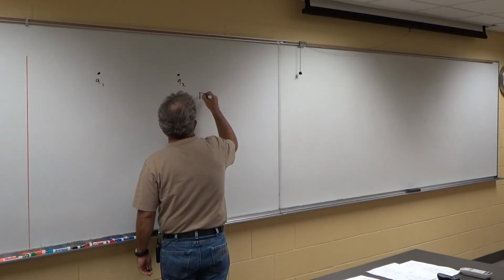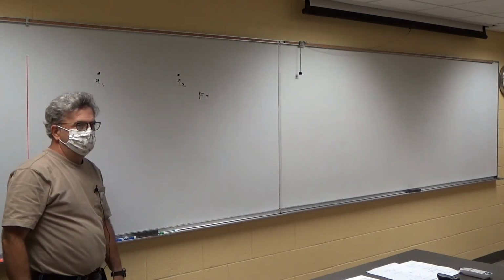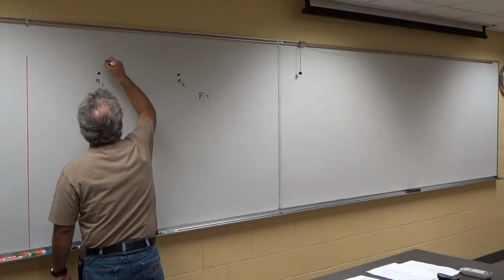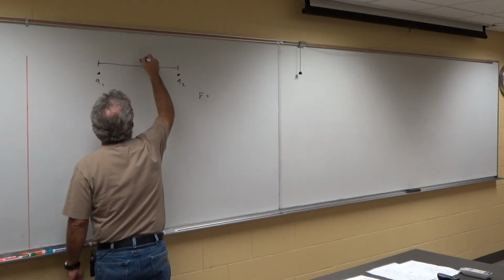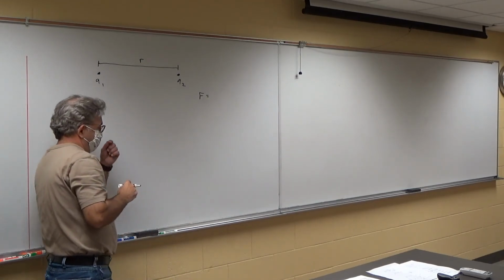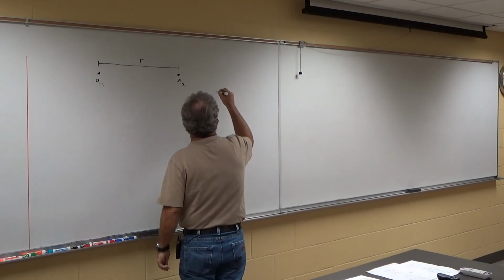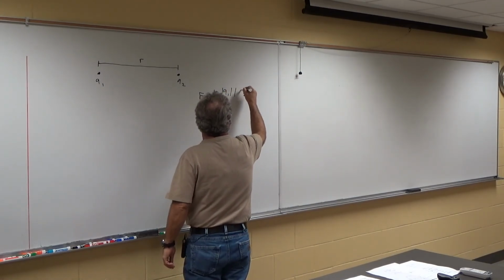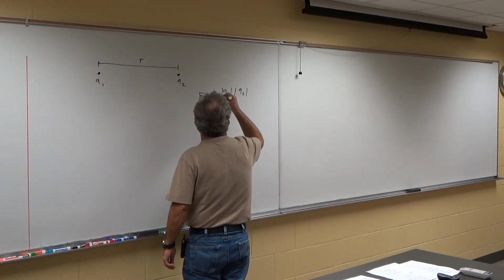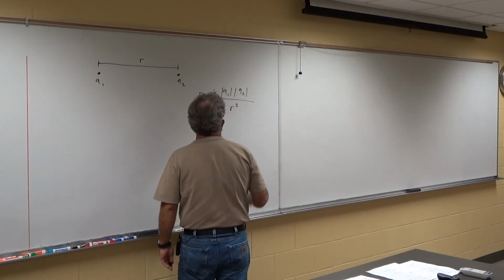Coulomb's law says that there's some force between these two charges based on their separation distance and the magnitude of the charges. So call that separation distance R. Then the force magnitude is equal to K, Q1, I'll put it in absolute value bars, K Q1 Q2 over R squared.